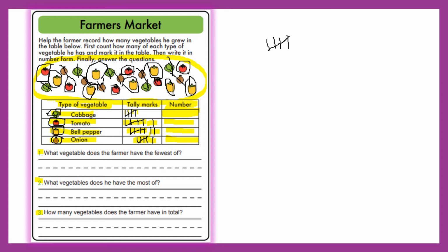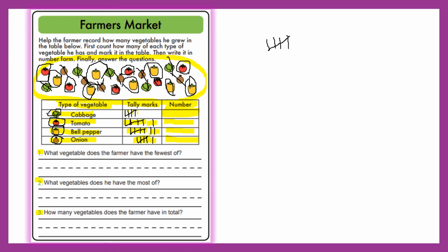All right, so let's go ahead and answer those questions about what kind of fruit or how many and how great, or I'm sorry, how few, and which of the most vegetables the farmers had. All right, so let's start with number 1.